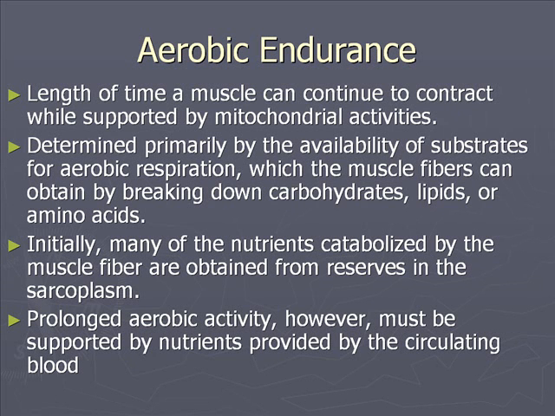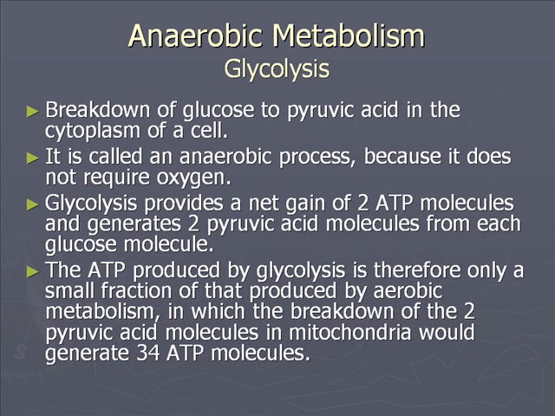Initially, many of the nutrients get catabolized by muscle fibers or obtained from reserves in the sarcoplasm. Prolonged aerobic activity must be supported by an adequate amount of nutrients circulating in the blood, as well as an adequate amount of oxygen circulating in the blood.